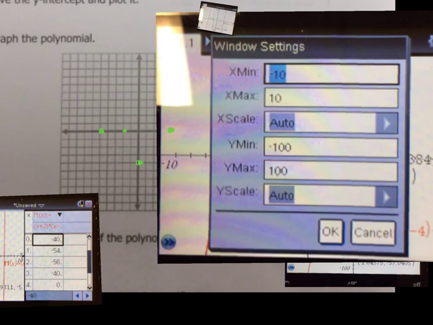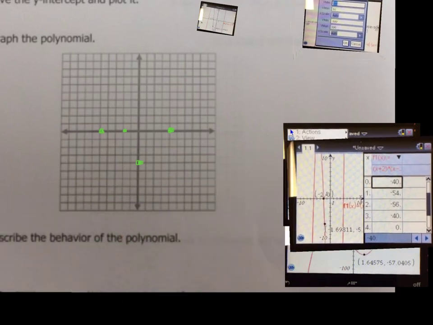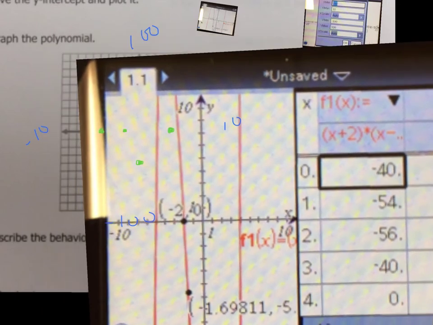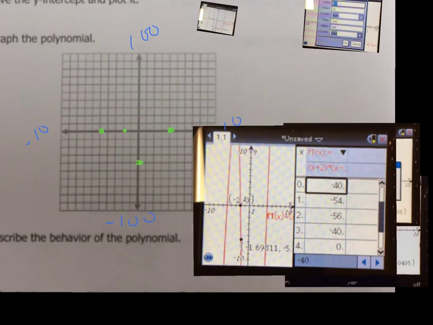I went from negative 10 to 10, negative 100 to 100, like I showed you a few moments ago when I had my graph over here. I also want to make sure that I have the right y-intercept, so I went to the table to make sure that I have that intercept there of 0, negative 40, which I do.